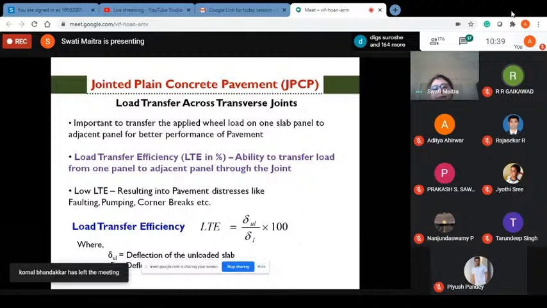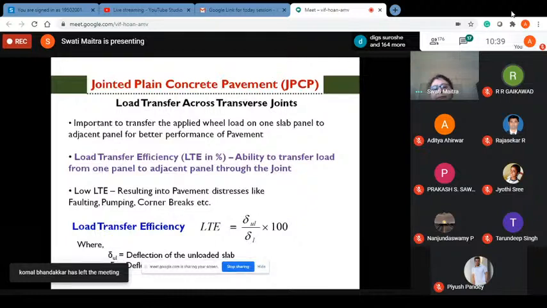The standard panel size is 4.5 meter by 3.5 meter. Concrete slab depth varies from 250 to 450 mm. We have base layers, which may be a cement treated layer or a dry lean concrete base. Generally, the thickness is 100 to 150 millimeter. The sub base may be a granular layer or wet mix macadam, which is most common nowadays.